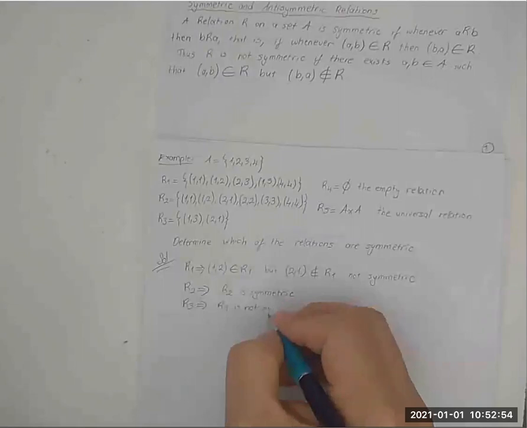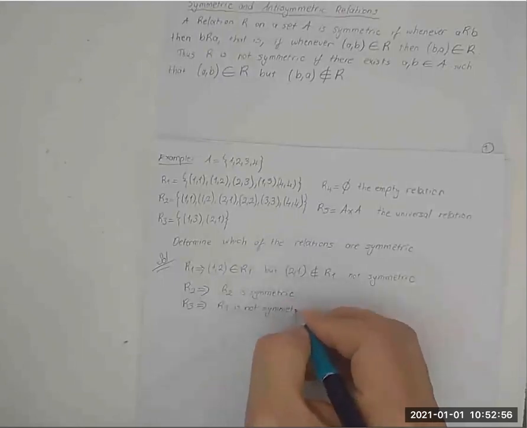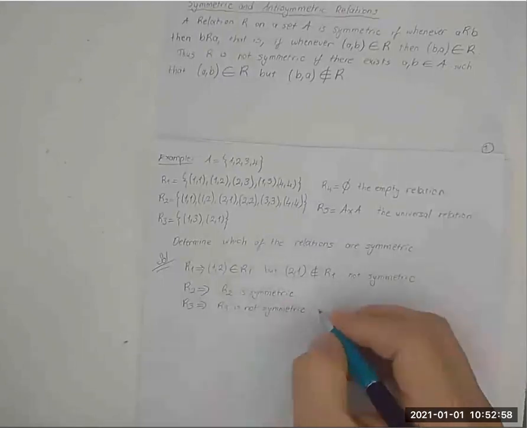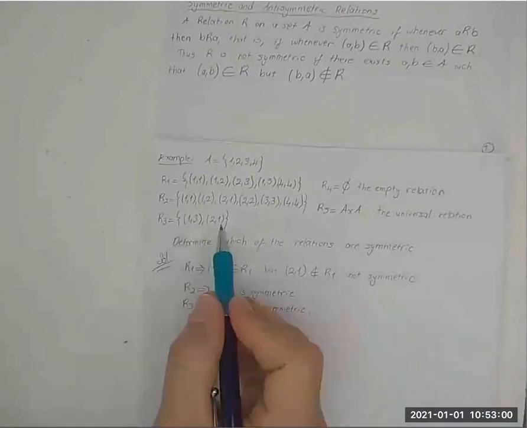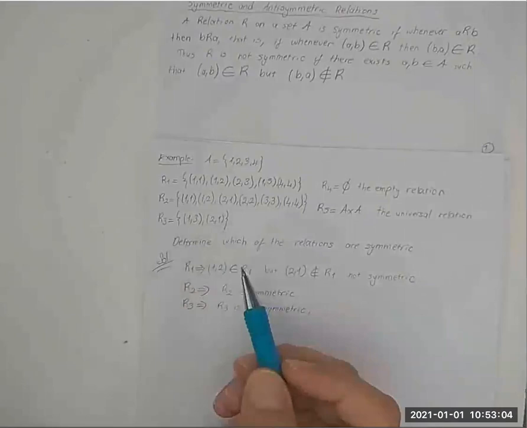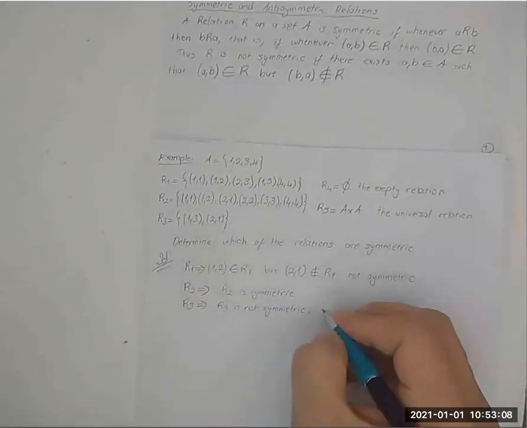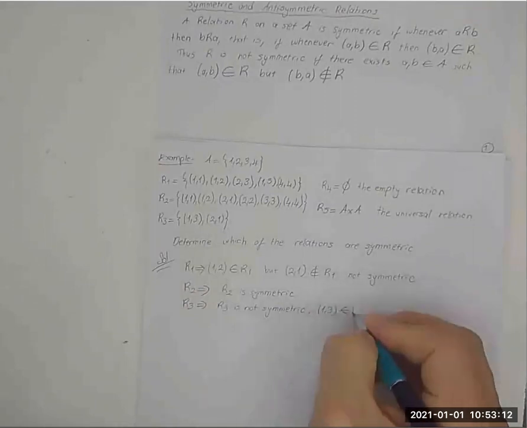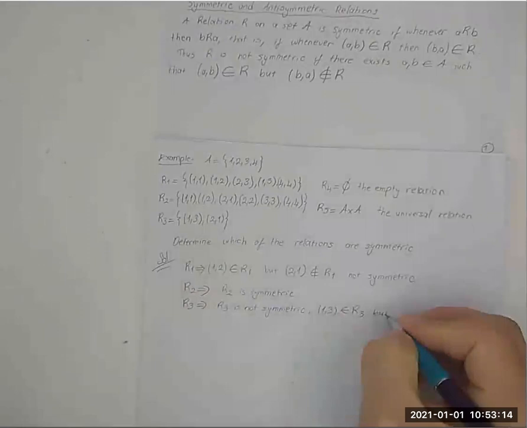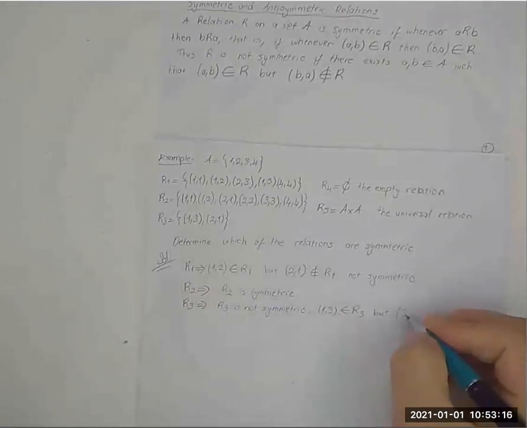And for R2, (1,1) is a member of R2, (1,2) and (2,1), so this is also working, (2,2), (3,3), and (4,4). So R2 is symmetric, right?